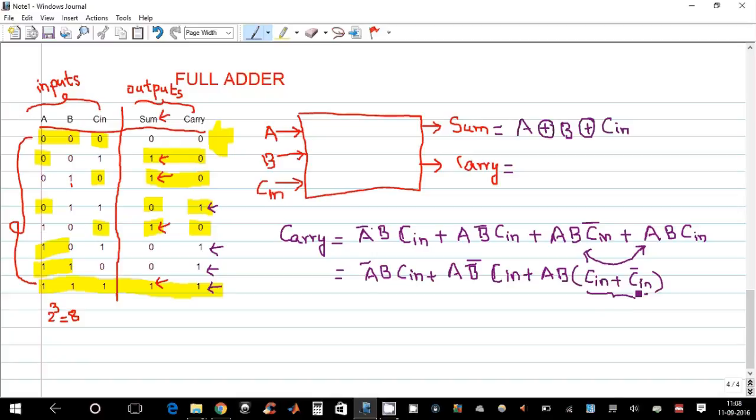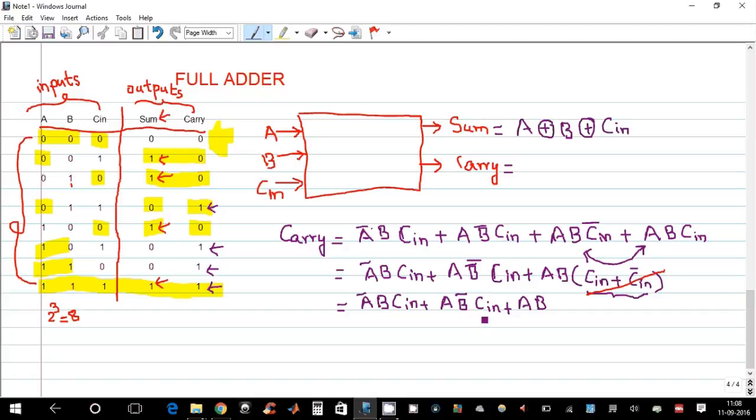So this is the basic Boolean optimization, so we can ignore this, because it results in an equivalent of 1, and 1 into anything is 1. So now the resulting expression is A bar B C in plus A B bar C input plus A B.